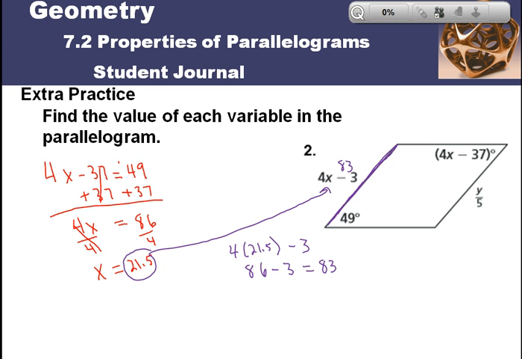Okay, so now I want to find y over 5. So I know that these two sides are equal. Can't find my cursor. And there we go.